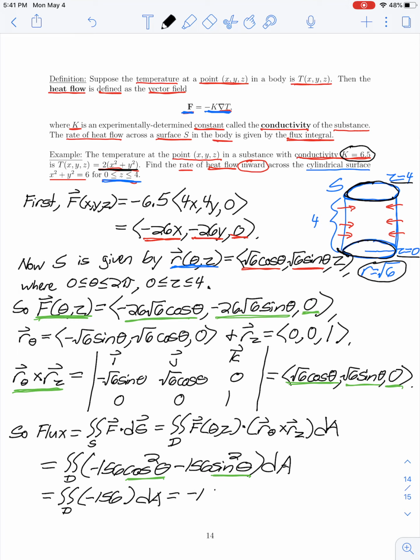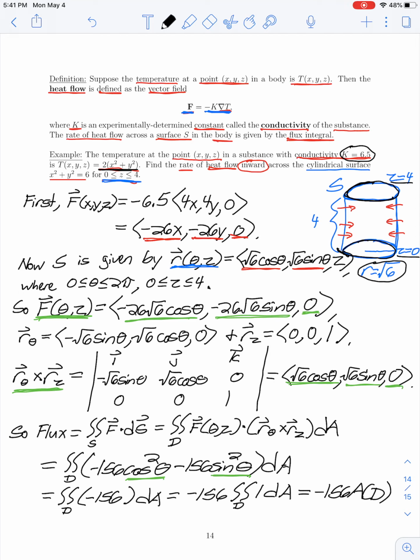So this constant, negative 156, we can pull out in front of the double integral, and we're left with the double integral of 1 over the plane region D with respect to area. Now recall that evaluating a double integral of 1 over a plane region just gives you the area of that region. We would denote it as A of D. So the area of D here, well, let's think about what D represents. D is our parameter domain.